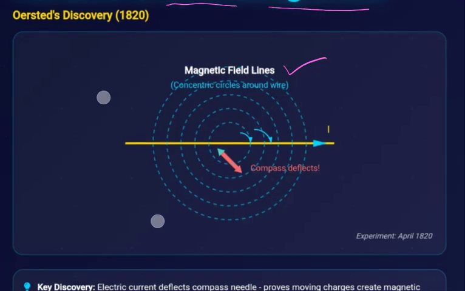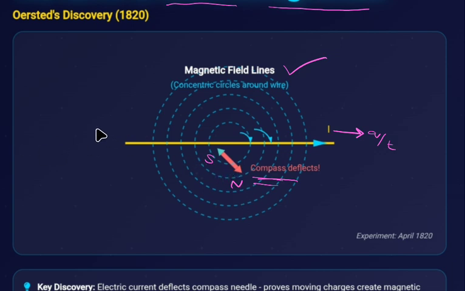So here, if you see the current, that means moving charge, moving with respect to time, it produces a magnetic field. The compass needle also has a north pole and a south pole, right?